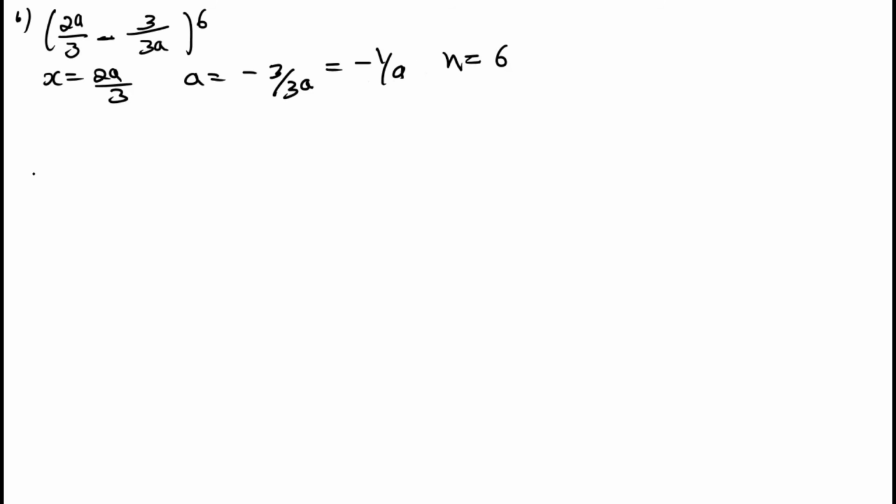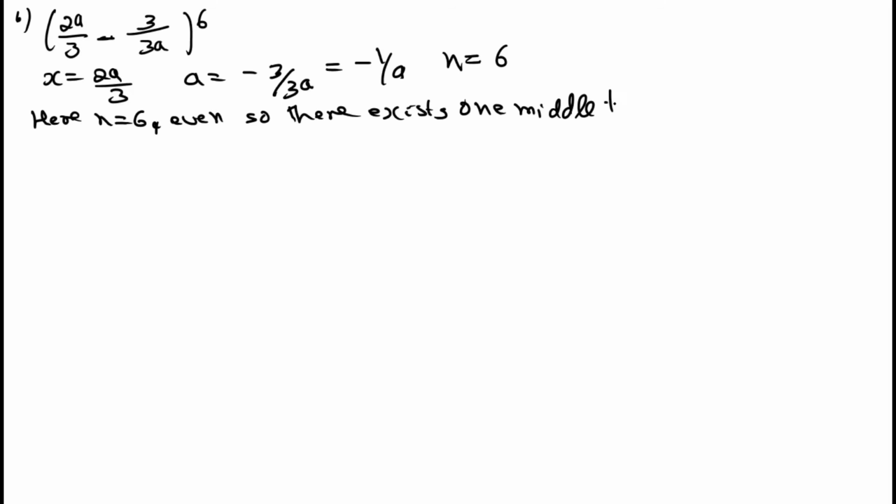In the next step, n value equal to 6, index is even. So how many middle terms exist? Only one middle term, right? There exists one middle term, namely, what is that middle term?